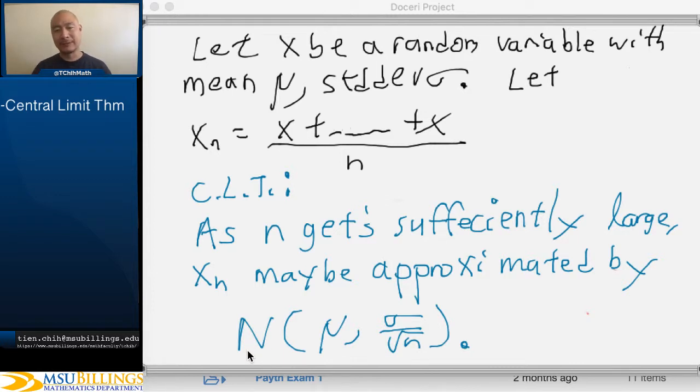And so you might remember in the normal curve videos, I asked, of all of the possible probability distributions, why don't we focus on the normal distribution so much?